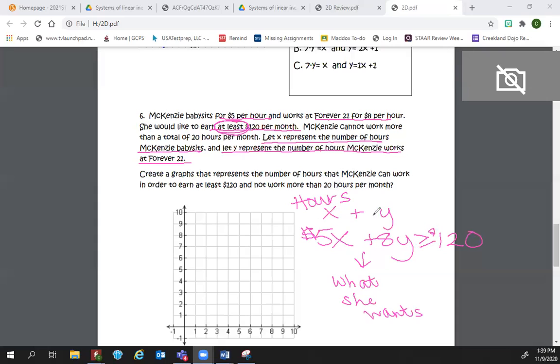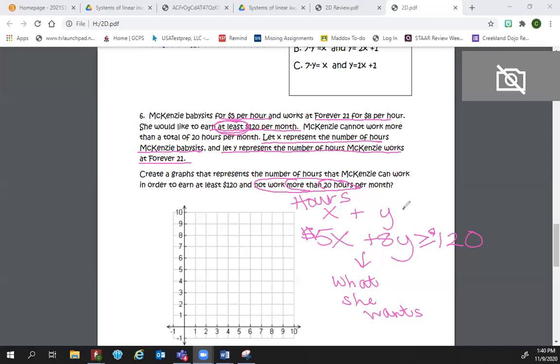My hours have to go up here. I know nothing about the hours except for what? She can't work more than 20 hours. So the hours babysitting and the hours at Forever 21 have to be less than or equal to 20. Not work more than 20 hours.